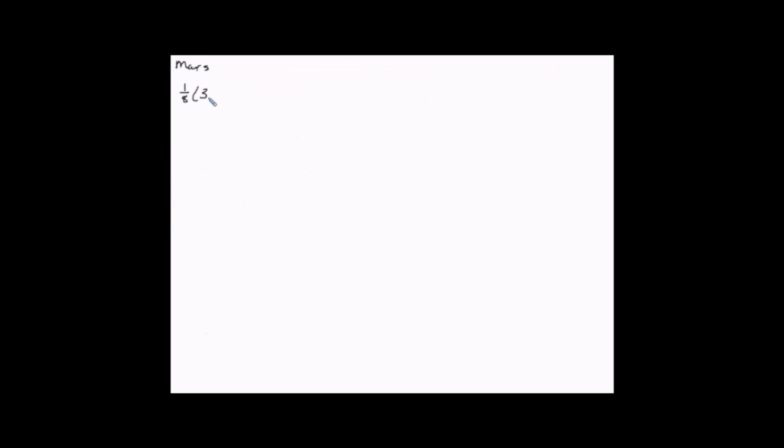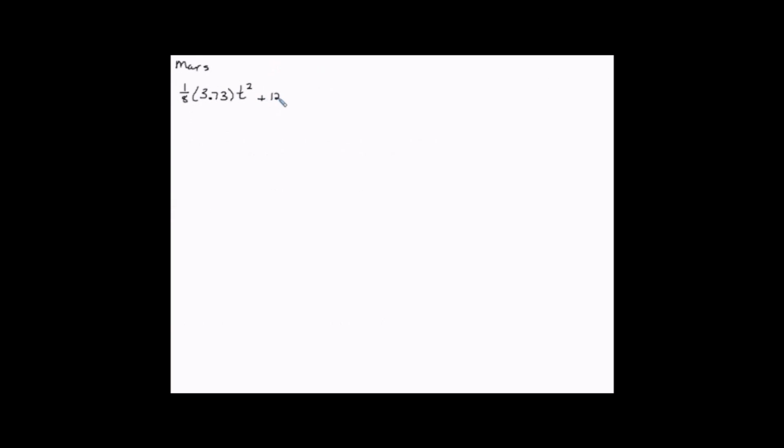So 3.73 t squared plus h0. So plus 120 is equal to 0 because we're trying to find out when it hit the ground. So I need to do 1/8 times 3.73. Anytime you have a 1 over a number, that means to divide by that number. So I'm going to do 3.73 divided by 8.